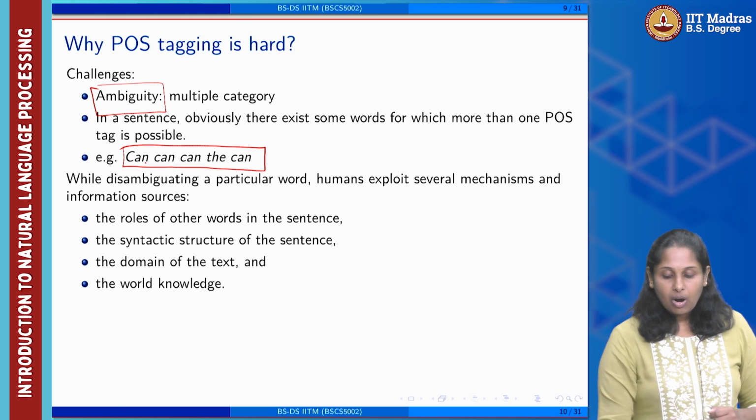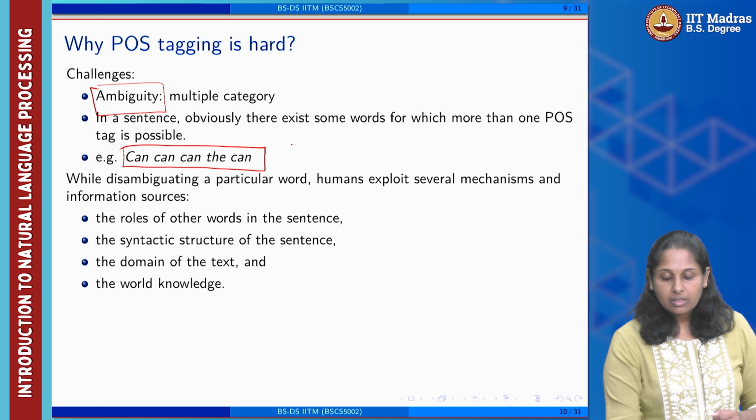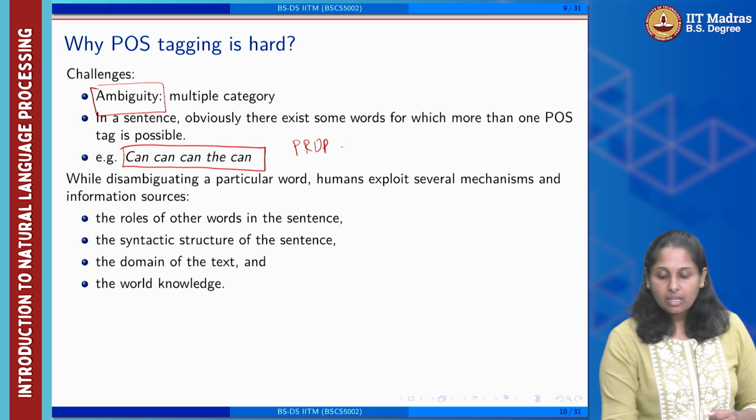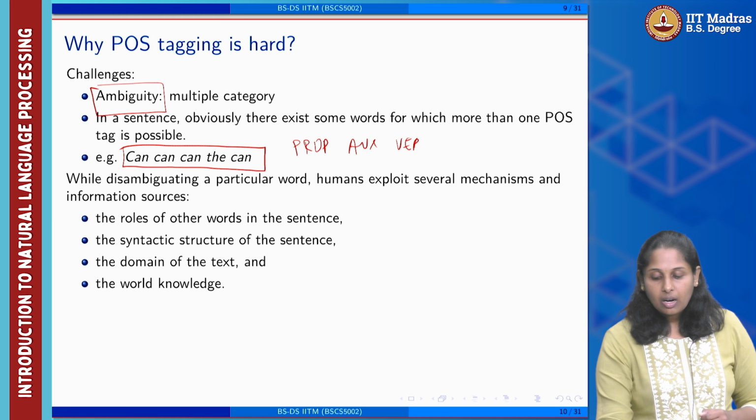Let's say the first can is a proper noun. The second can is an auxiliary verb, the third can is a verb, and the fourth can is a noun.